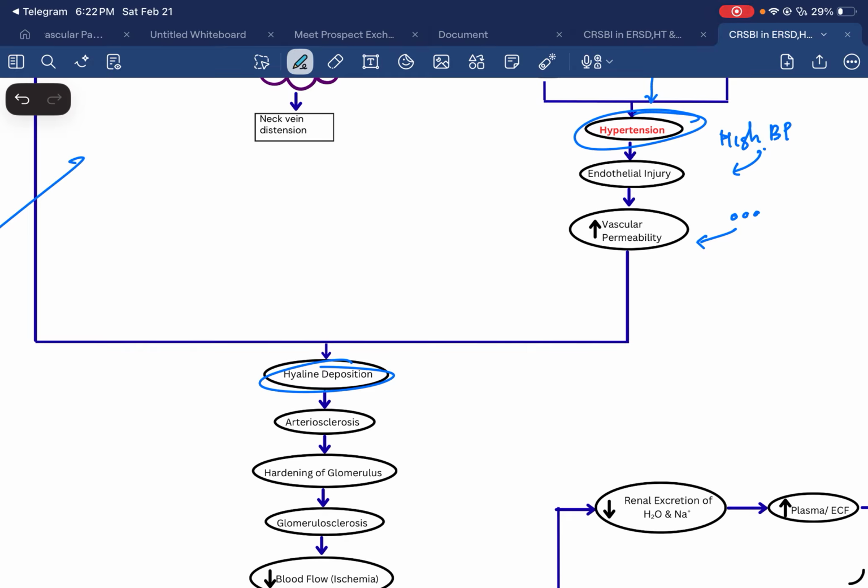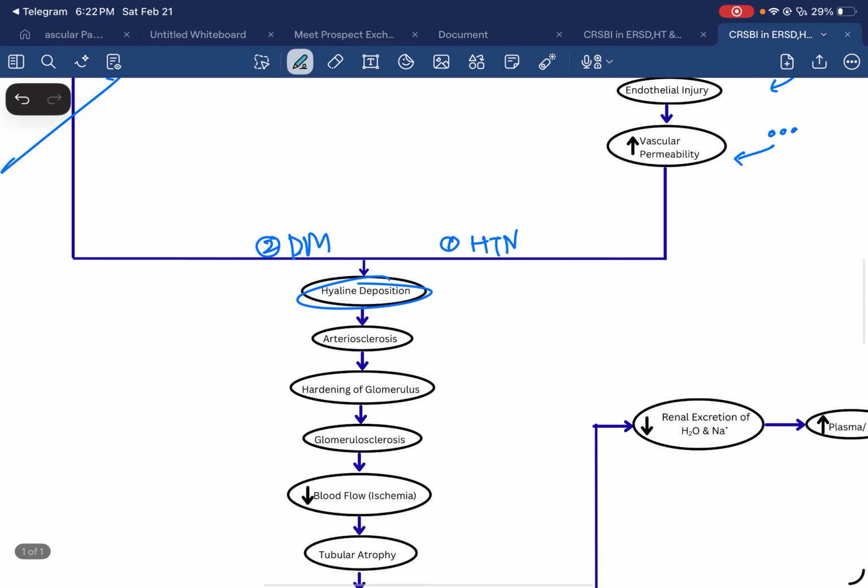This hyaline deposition is from two pathways, one from hypertension and the other from DM. This hyaline deposition causes arteriosclerosis, which leads to hardening of the glomerulus.